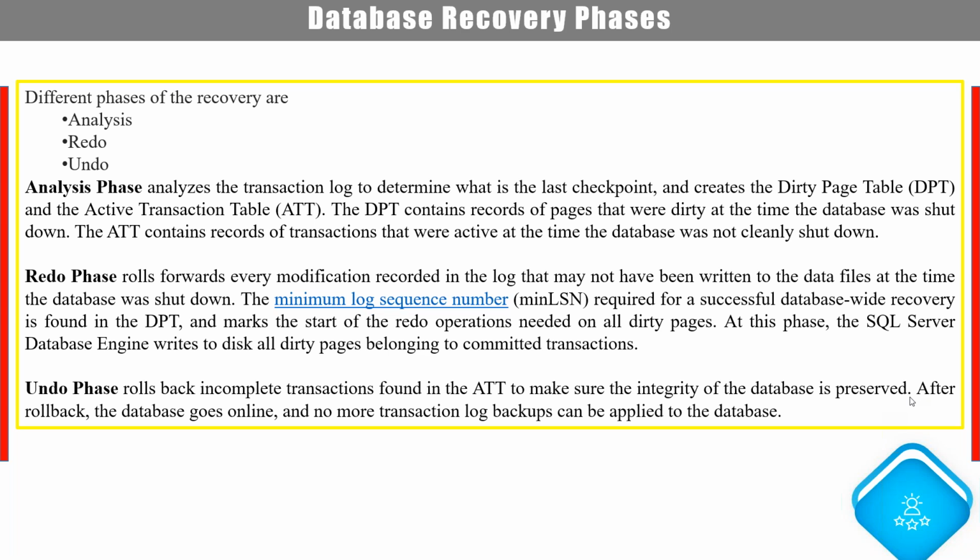Whenever you are restoring, it will come to know that the log file contains uncommitted transactions. When you are taking the backup, it won't worry about whether it is committed or uncommitted. It will just capture the log backup and keep it handy for you. When you are restoring, it will come to know how many are committed and how many are uncommitted.